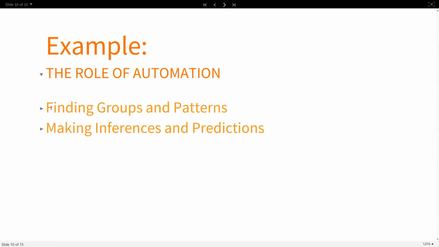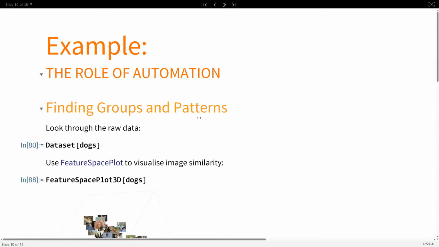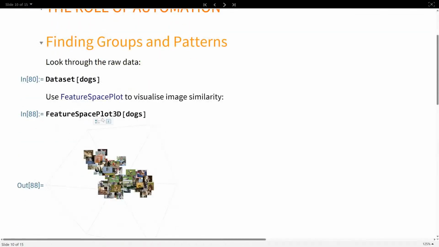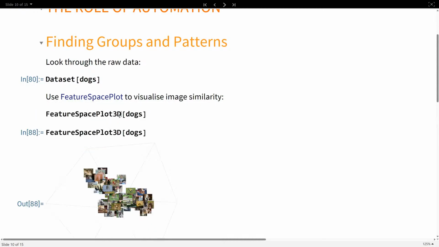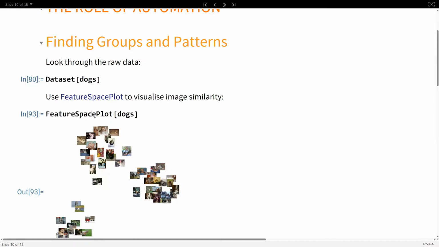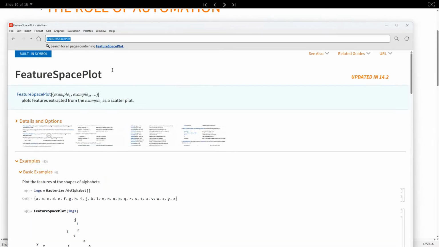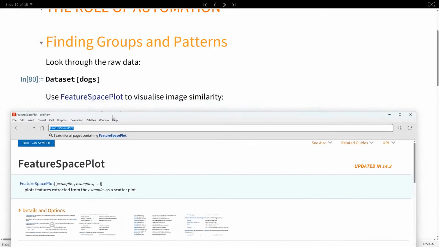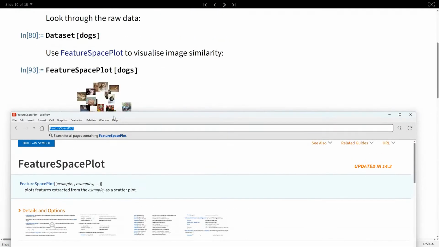Someone said, elaborate further on what is the XY dimensions of, I think you're talking about this feature space plot, right? So let's first go into the documentation of feature space plot. What it says here is it plots the features it extracts from the examples as a scatter plot. So imagine you're thinking as a computer thinks here.